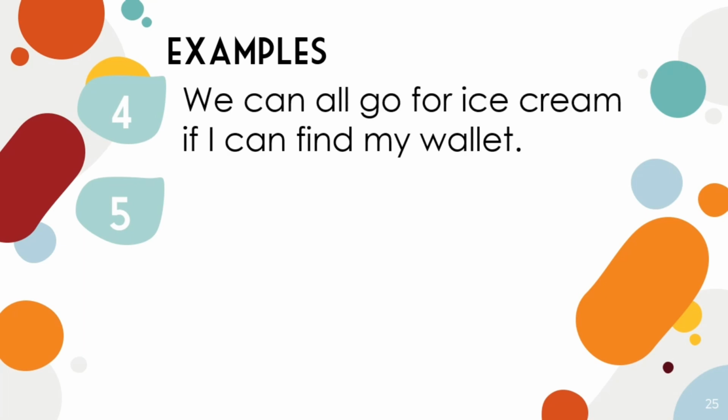Fourth example: We can all go for ice cream if I can find my wallet. The subordinate clause here is if I can find my wallet. We have a subordinating conjunction, if. And we also have the subject I, and the verb phrase can find.